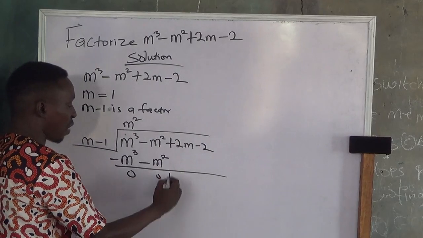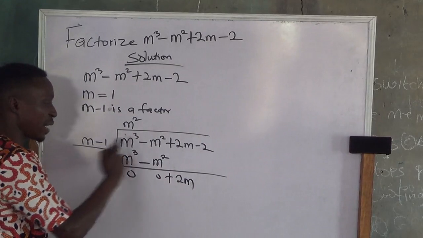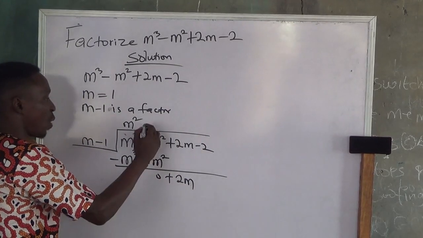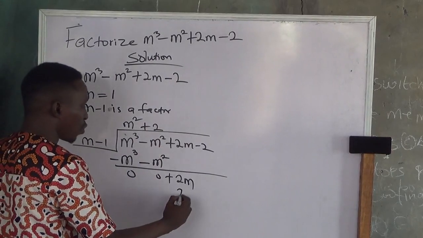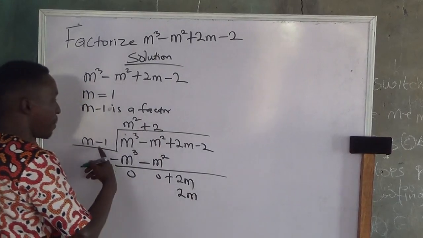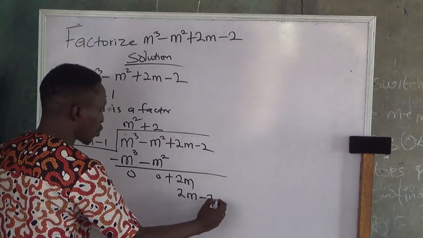Then that means the only thing you have left is plus 2m. So you ask yourself, how many times can m go in this one? You have plus 2. M times 2 will give you 2m. Minus 1 times 2 will give you minus 2.